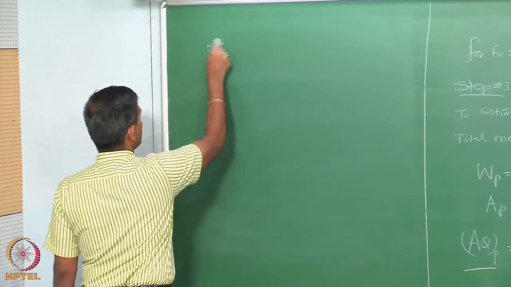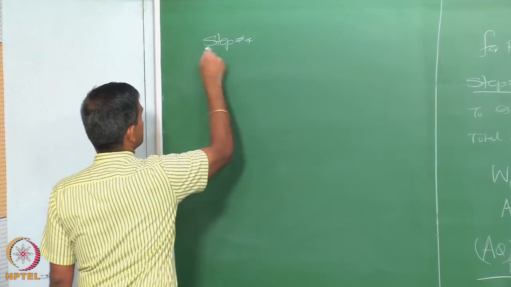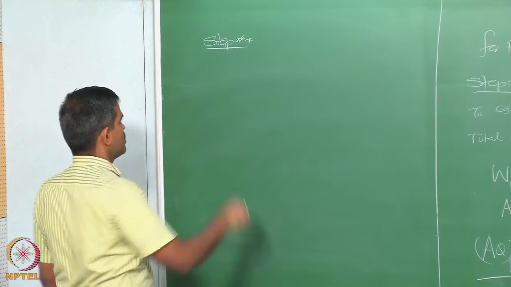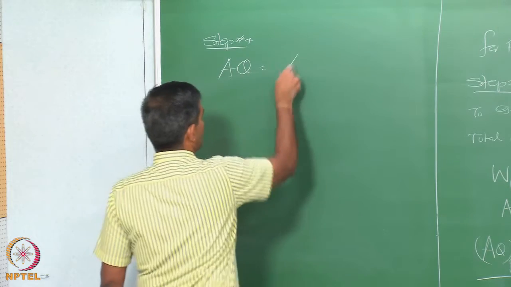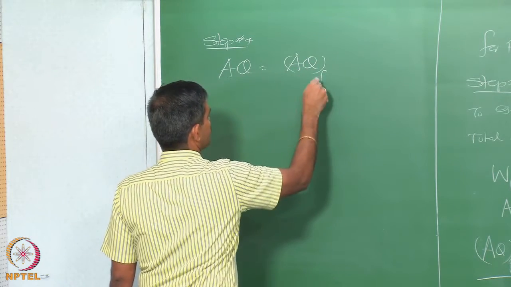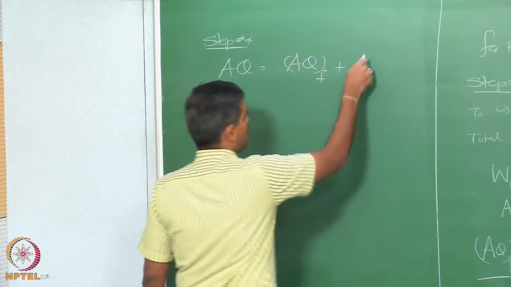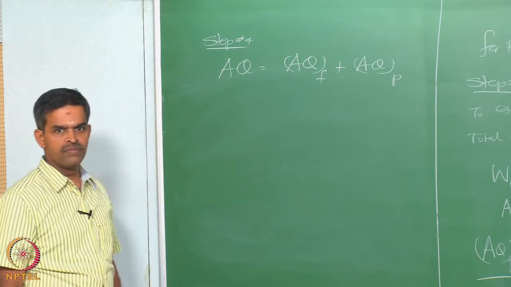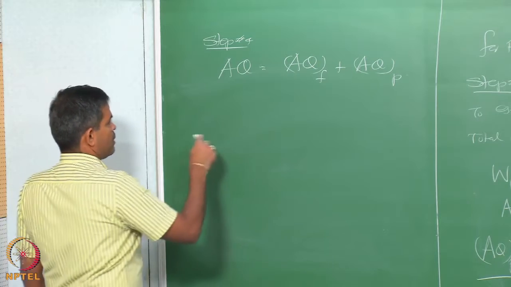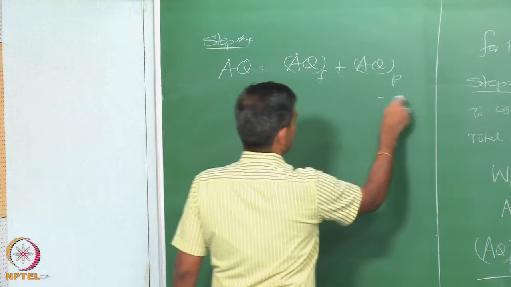So, step number 4. The total airborne quantity now will be equal to the airborne quantity which comes from the flash plus the airborne quantity which comes from the pool. Let us take that as equation number 8.